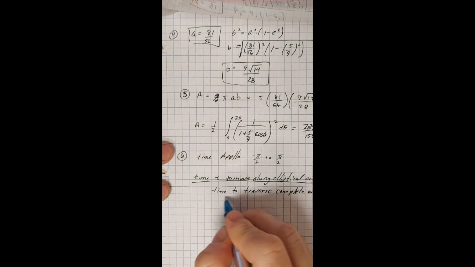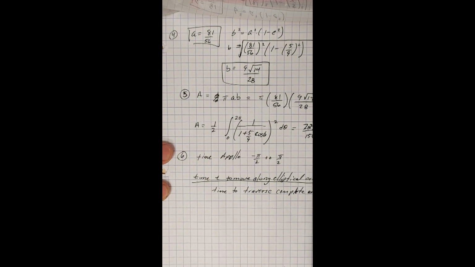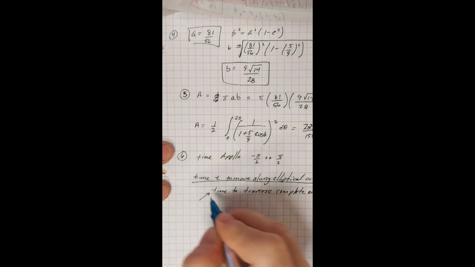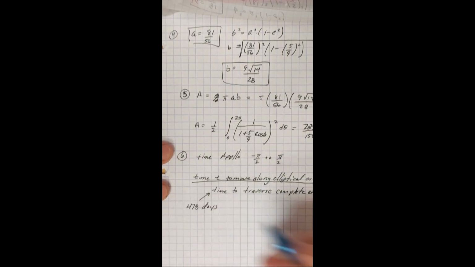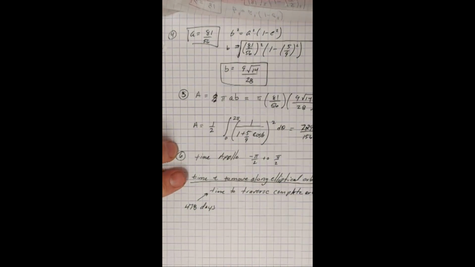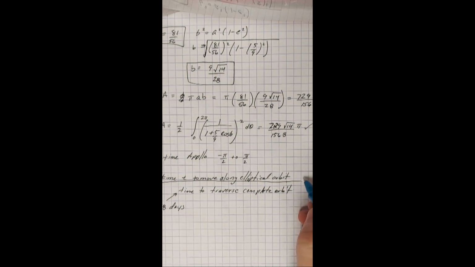Okay, well, we know the bottom one here, that was given to us at the beginning. This value is 478 days. Okay, and we're after this upper value. Okay, well, what do we know?